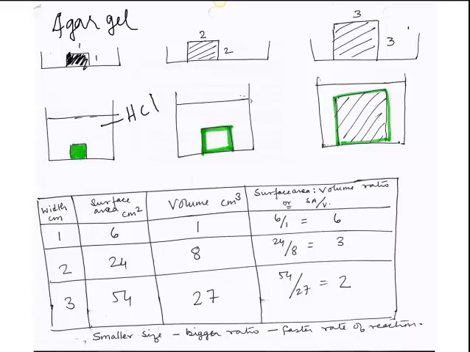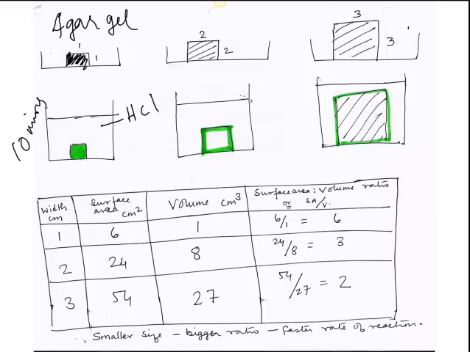You need to know. So when you have a small piece of 1 centimeter by 1 centimeter, after a certain period of time, say 10 minutes, as an example, the hydrochloric acid has completely diffused inside it.